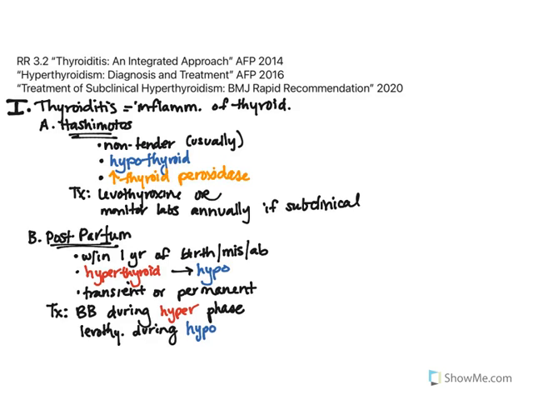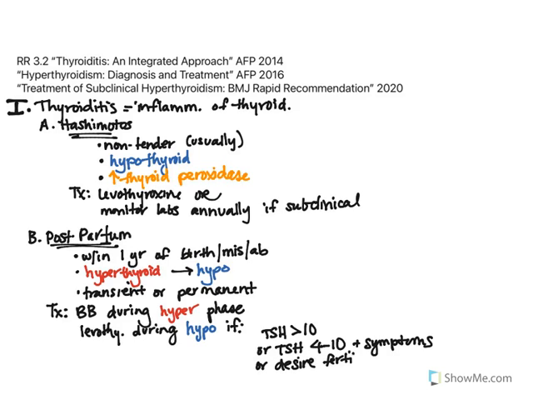And again, deciding to treat depends on what your symptoms and TSH are. If the patient has a TSH greater than 10, they would be treated for hypothyroidism postpartum. Or if their TSH is between 4 and 10, but they have symptoms. Or if this is a patient who desires fertility again, you would treat.